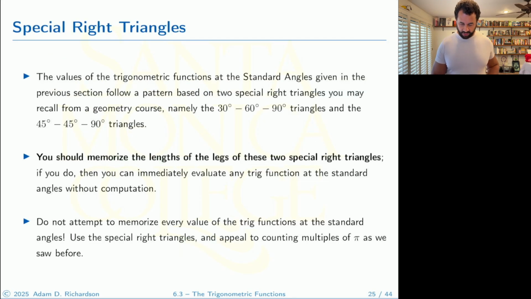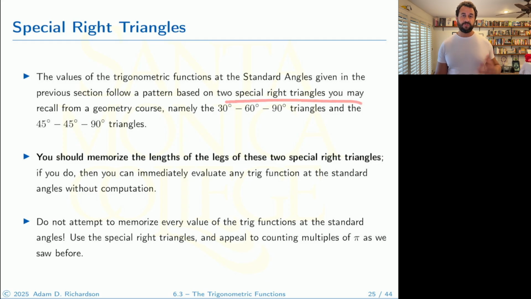Now we've got to talk about some special right triangles, because we're going to evaluate these functions at a whole bunch of different angles. If we want to evaluate them at the standard angles that I gave in the previous section, the outputs of these trig functions follow a pattern that's based on two special right triangles.